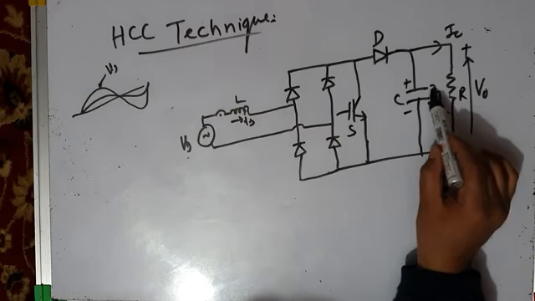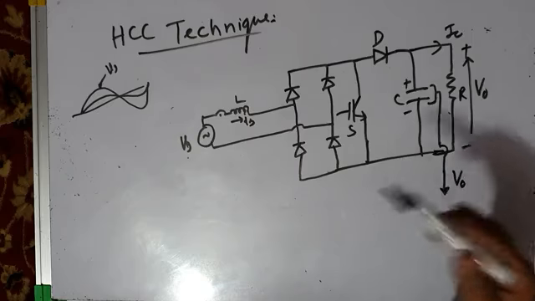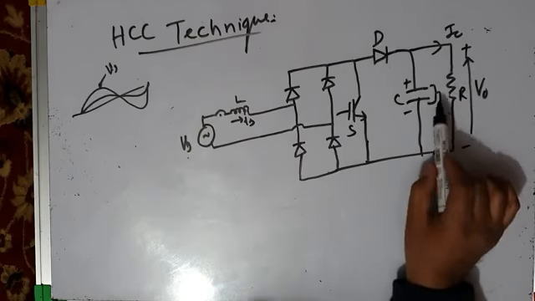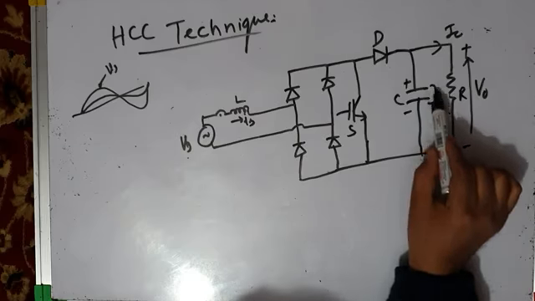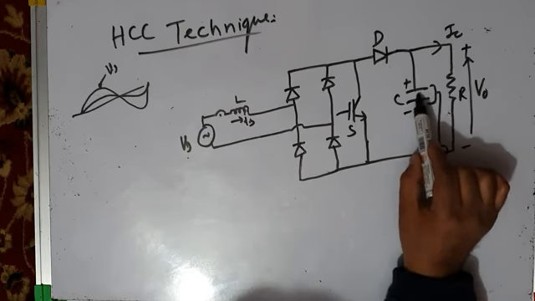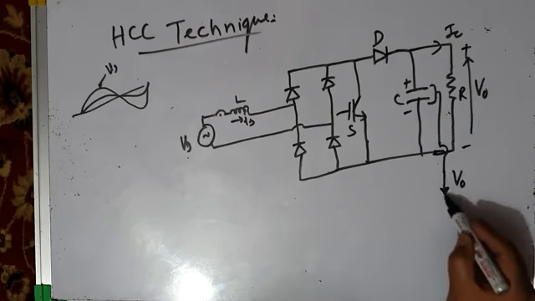In simulation, you will use a current measurement block which acts as a voltage sensor. And in an actual practical circuit, you will use a voltage sensor. Hall effect voltage sensors are readily available in the market, and that voltage sensor will sense the voltage across the capacitor. That means it will sense the output voltage.